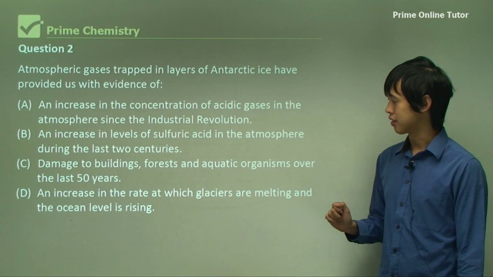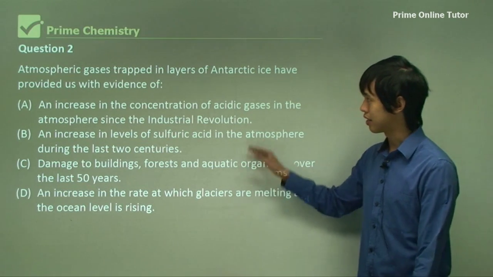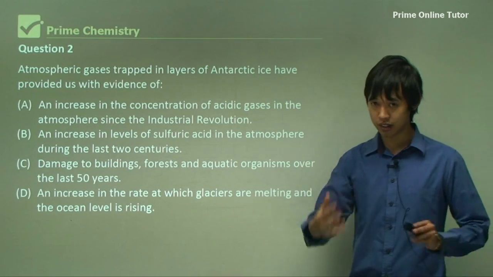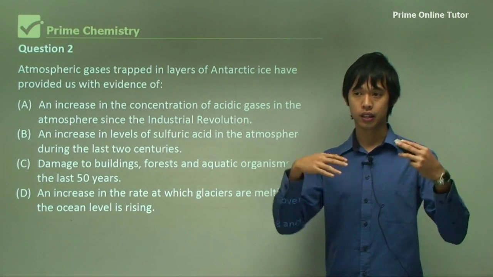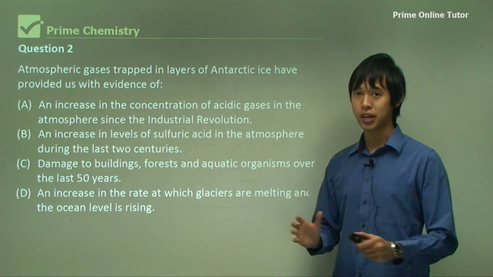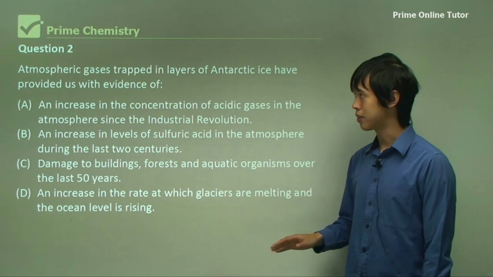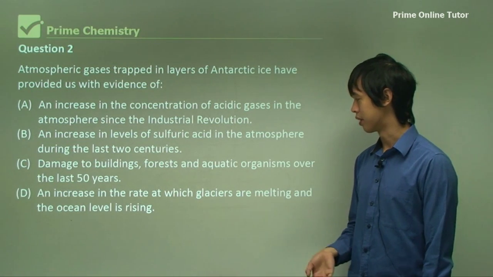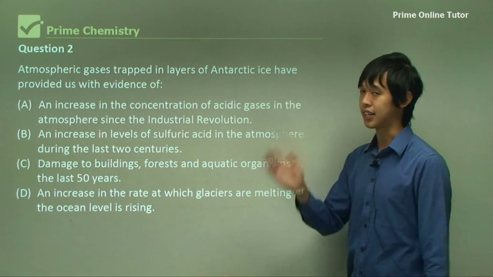Damage to buildings, forests, and aquatic organisms over the last 50 years. Again, this is key of science, very, very key. Evidence, or stuff that you measure, has to give you information about your conclusion. Okay, so the conclusion here is that damage to buildings, forests, and aquatic organisms over the last 50 years, the evidence for that is Antarctic ice.